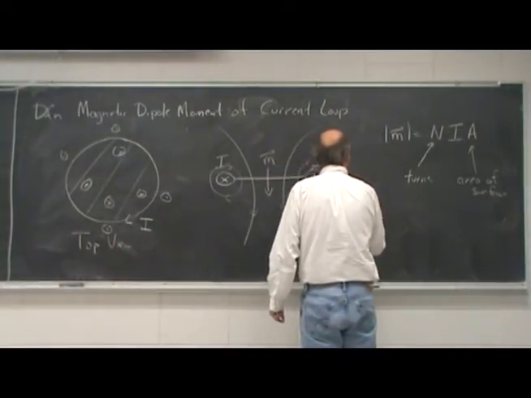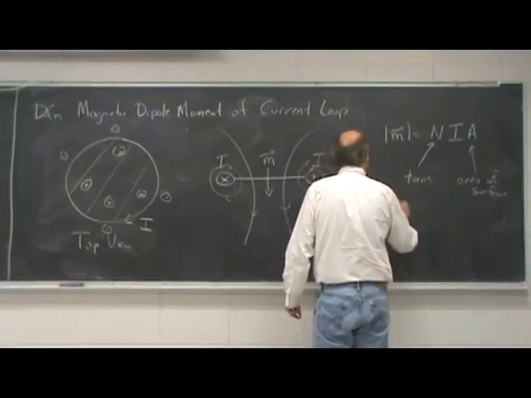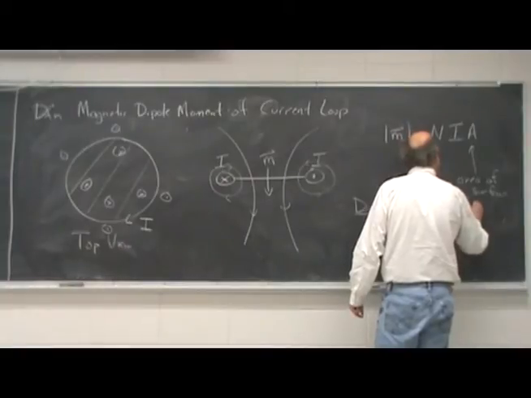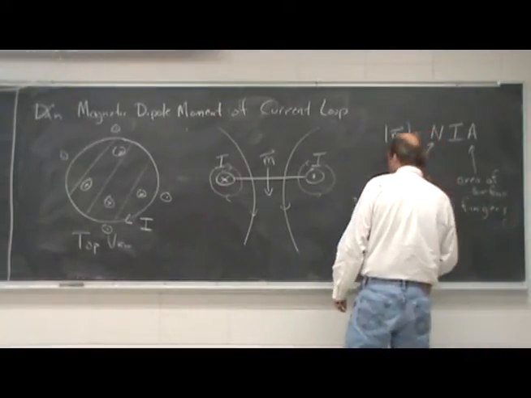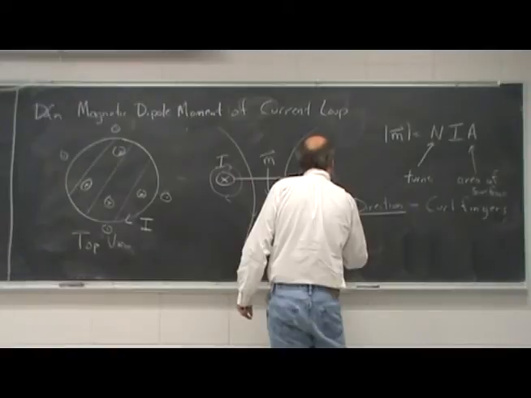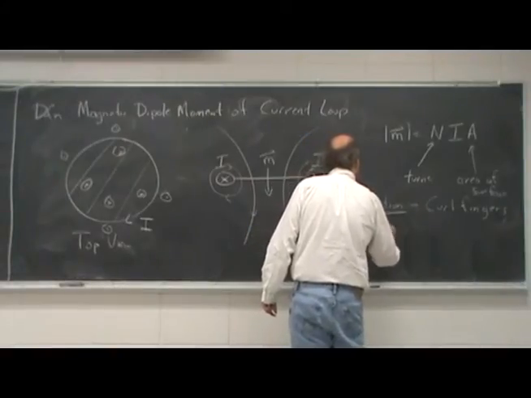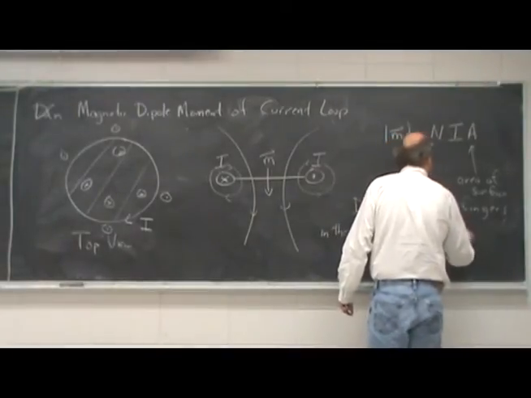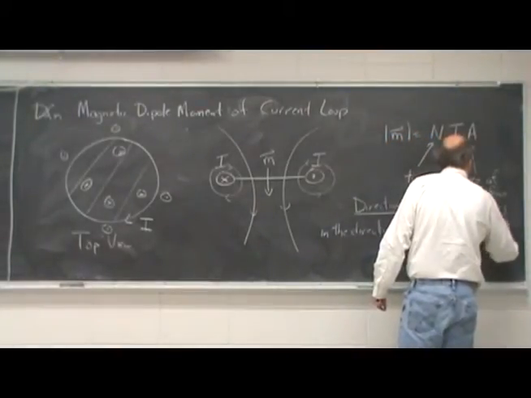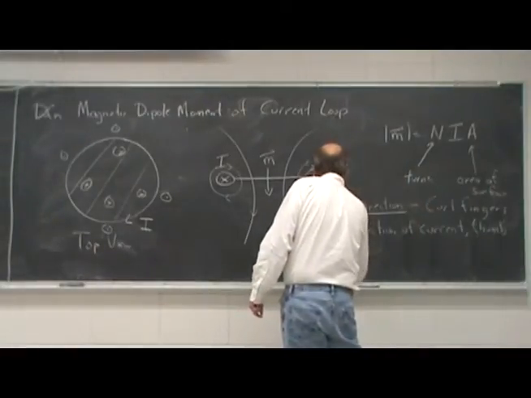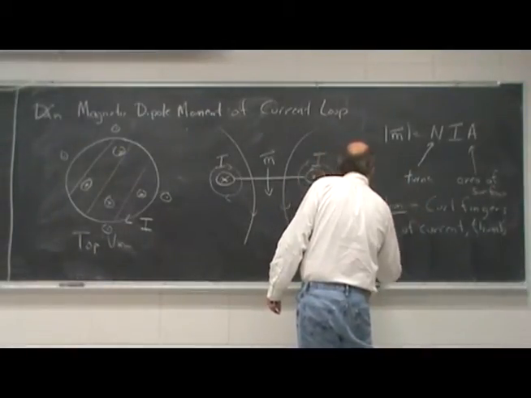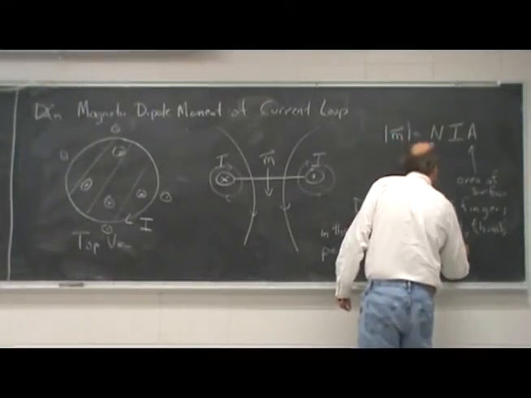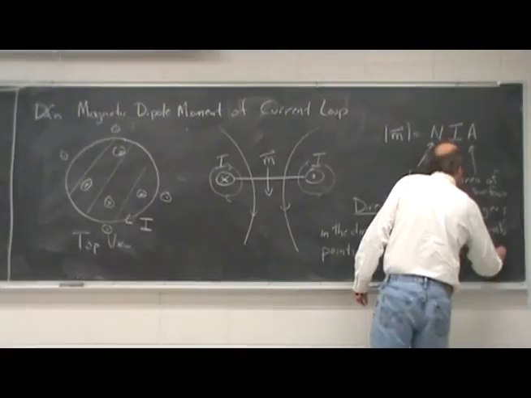So for the direction of the moment, curl your fingers in the direction of current, and your thumb points in the direction of the moment.